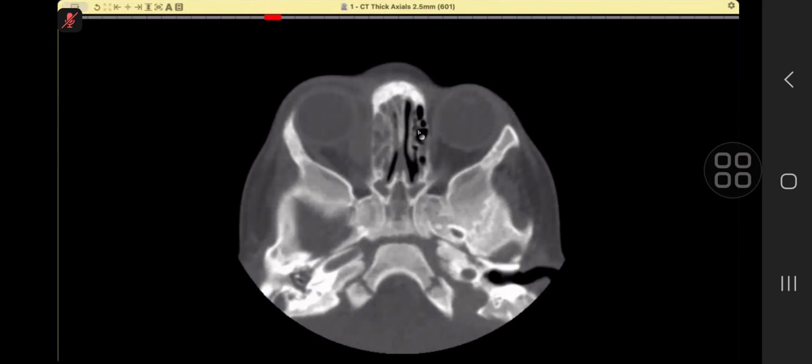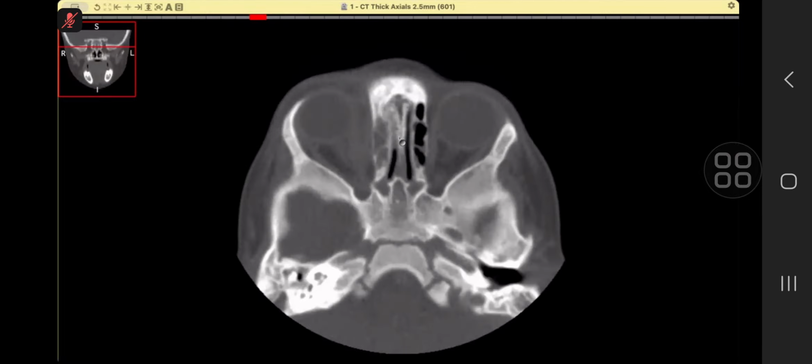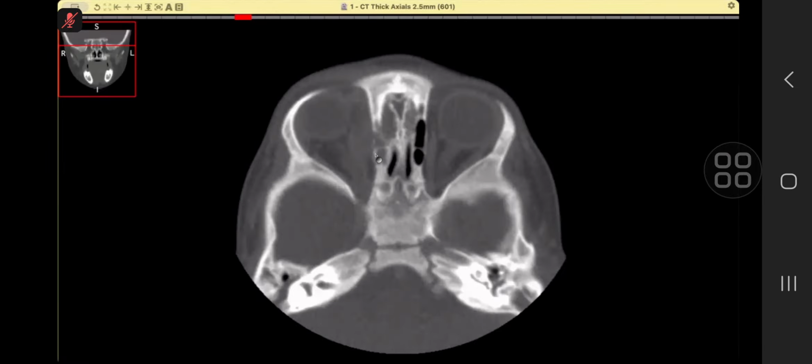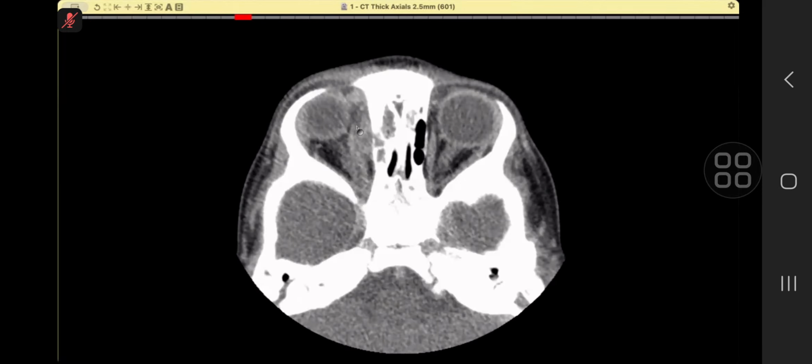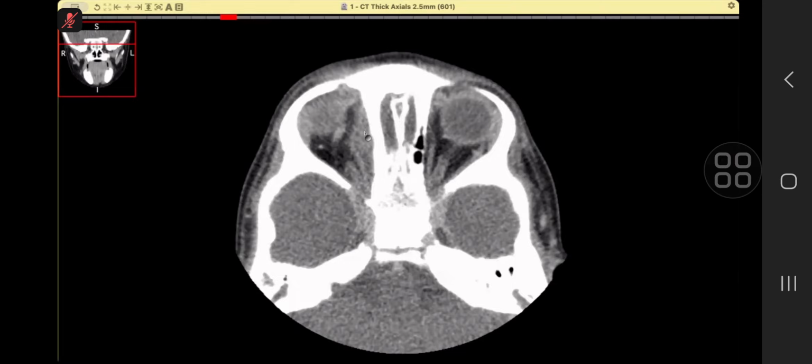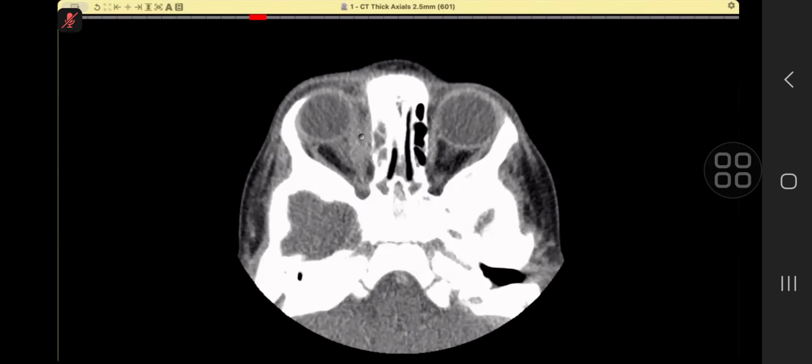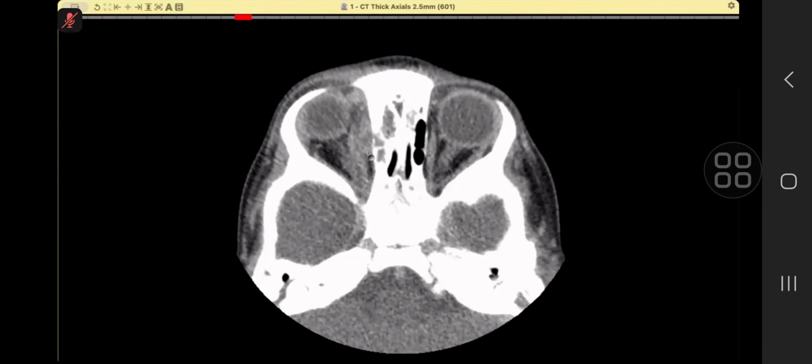Look, this is the ethmoid sinus, which is opacified. Lamina papyracea is such a thin bone that at times you can convince yourself that there are erosions. But having said that, in this particular case, one can argue that something is happening there. Ask for contrast, and now there is an inflammatory phlegmon which is sitting here. Look at the medial rectus. One can argue that it is thick and it is also enhancing.